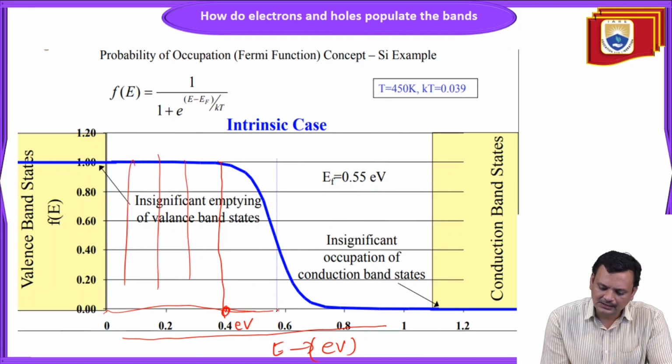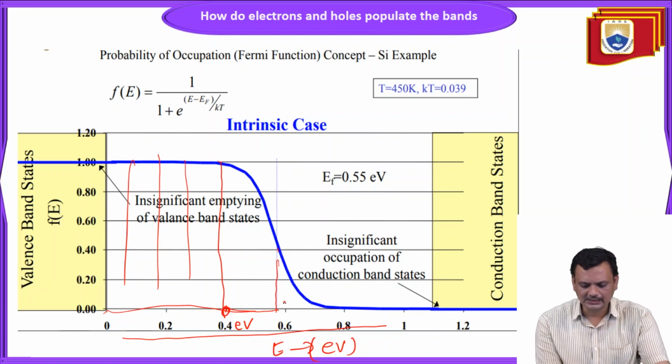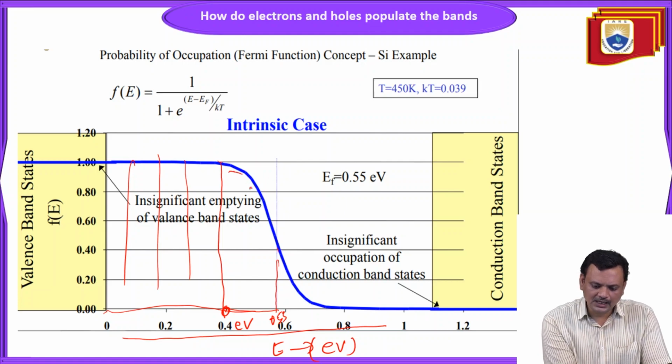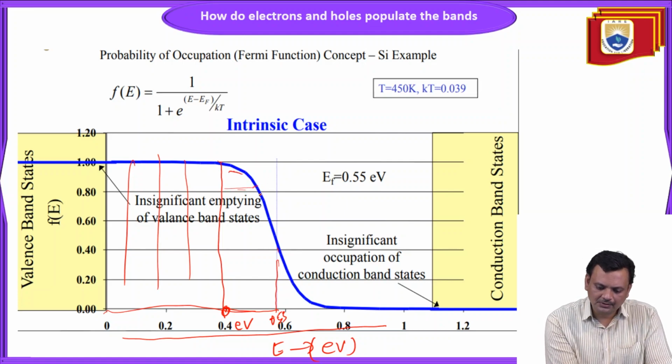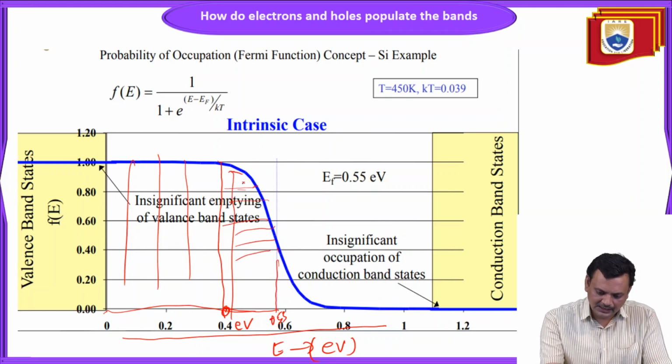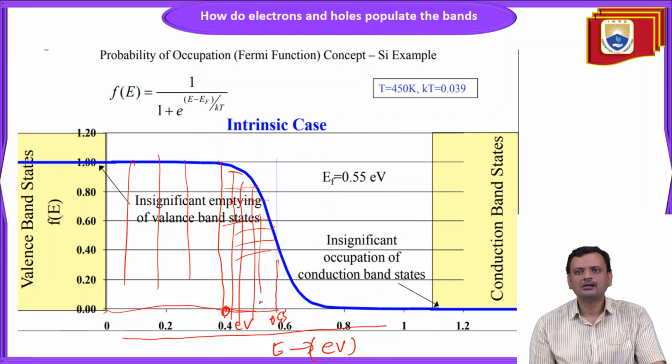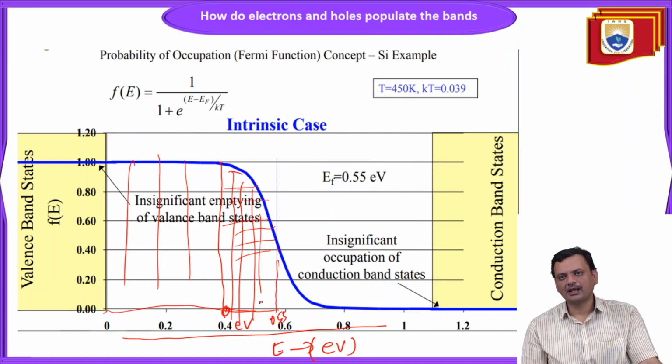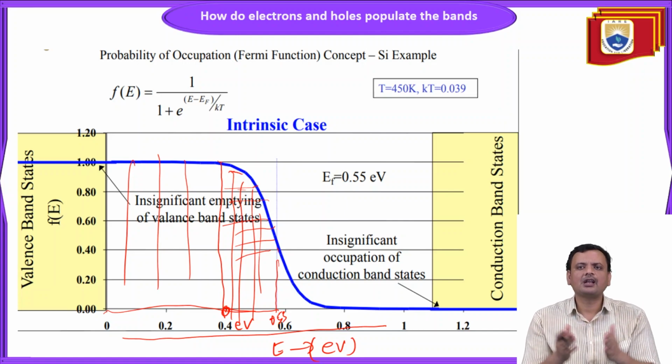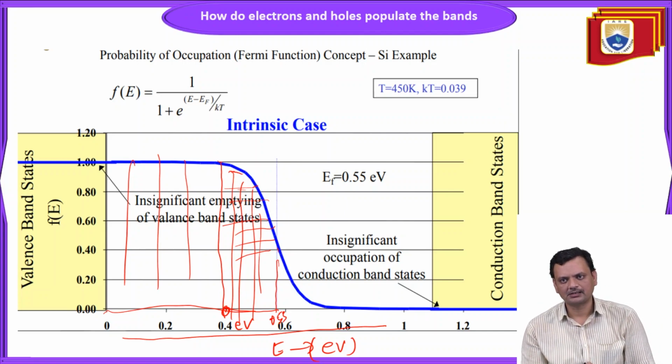But beyond this energy range, from 0.4 to 0.55, the chance of occupation of these energy levels which are present here is less than 1. Means there is some chance that these levels may be unoccupied by charge carriers.